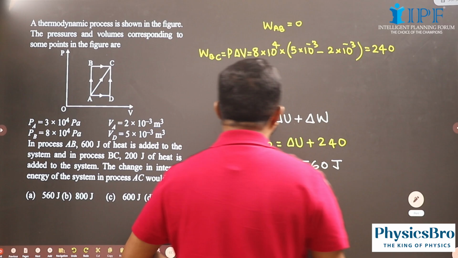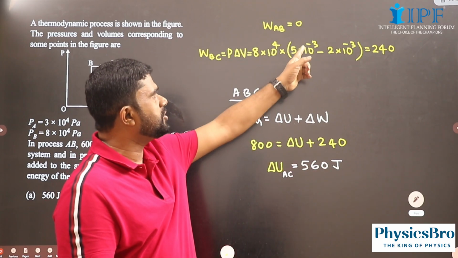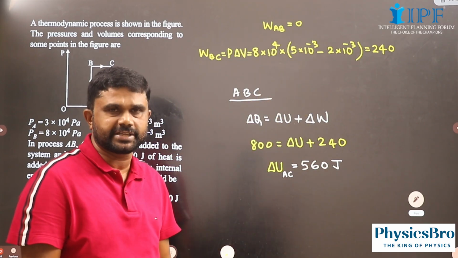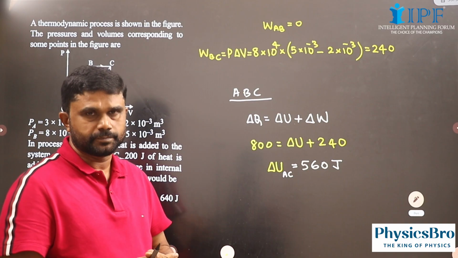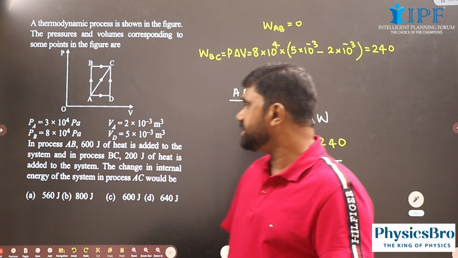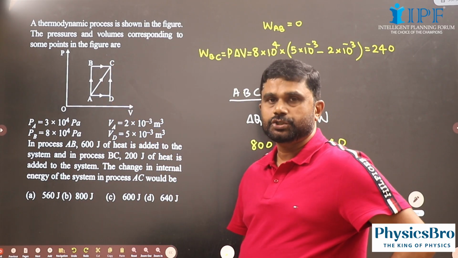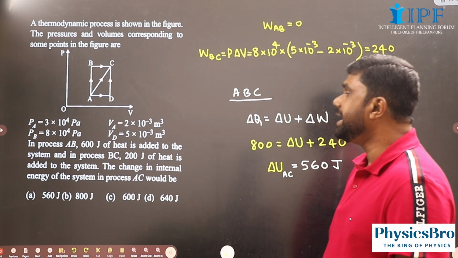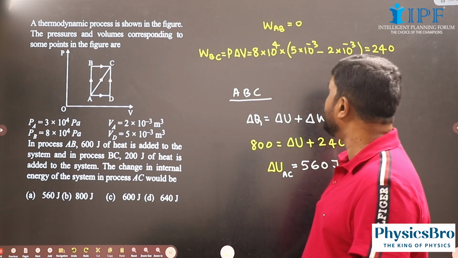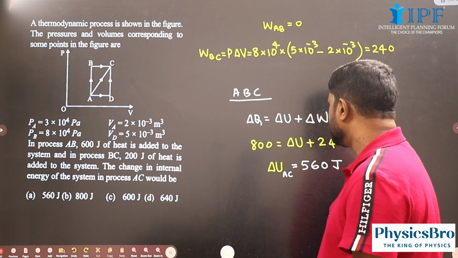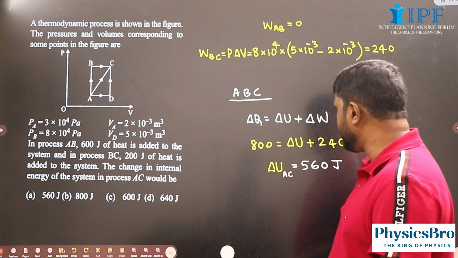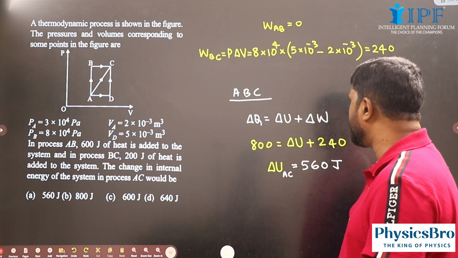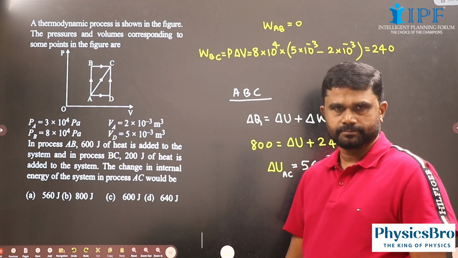So the work done will be 8 into 10 raised to 4 into (5 into 10 raised to minus 3 minus 2 into 10 raised to minus 3), that will be 240 joule. Okay, as the system is taken from A to C through B, total heat absorbed is 800 joule and the work done is 240 joule. So the change in internal energy will be 800 minus 240, that is equal to 560 joule.